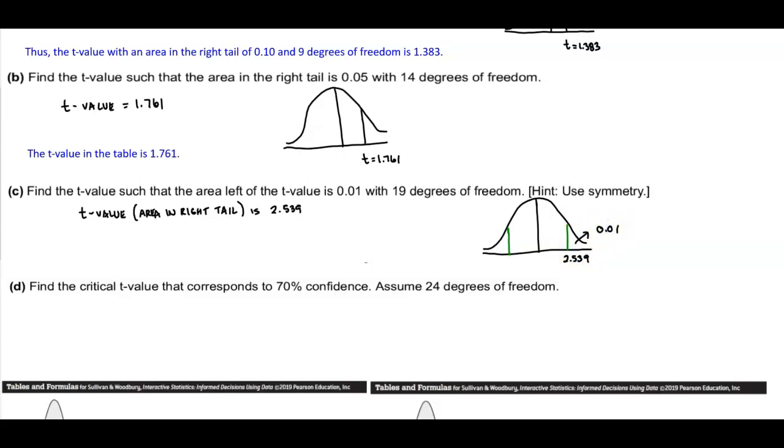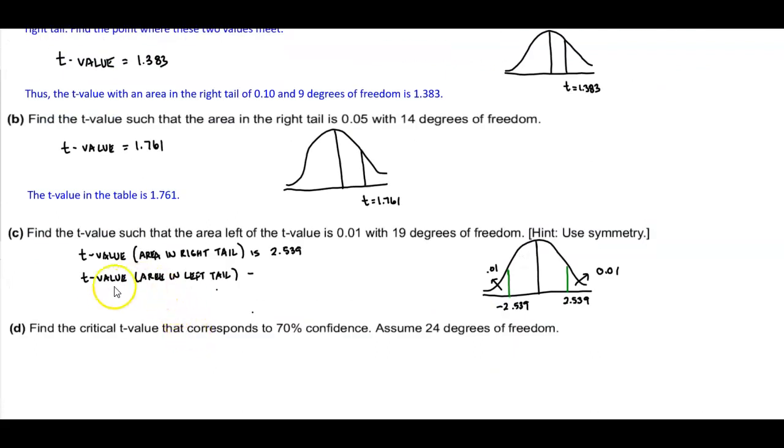If we're going to use symmetry, then we want to find the t-value where the area in the left tail is also 0.01. Since that's to the left, this is going to be negative 2.539.